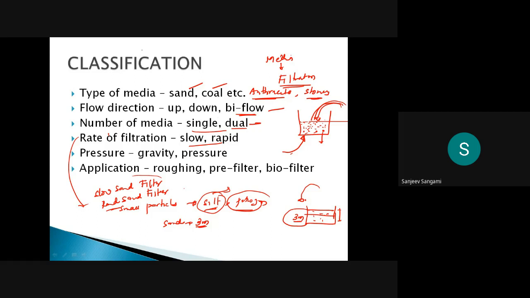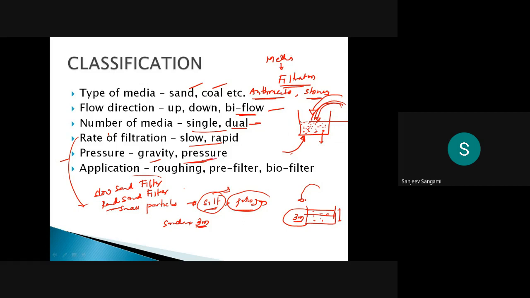Then based on the pressure involved, sometimes with the help of gravity the flow will be there, and sometimes you have to pass the water through pressure. Sometimes you just allow the water to flow downwards with the help of gravity, so that is gravity-based filters. Sometimes you are allowing the water to flow under pressure.